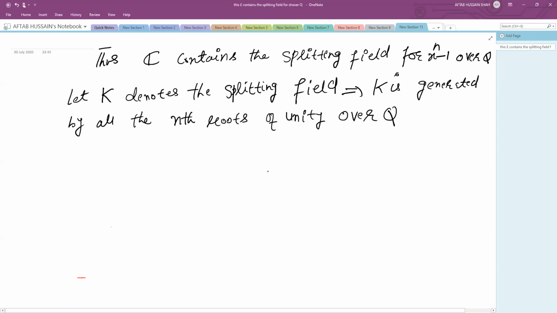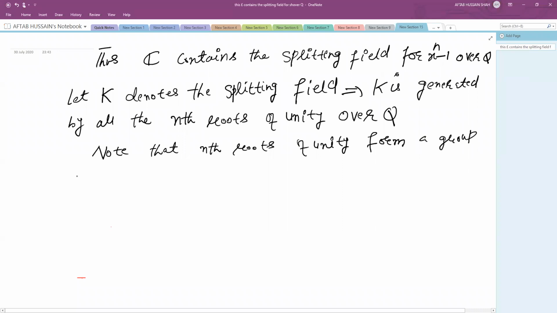We must also remember that the collection of nth roots of unity forms a group under multiplication. You know this? So note that nth roots of unity form a group, in fact a subgroup of the group of complex numbers, under multiplication.